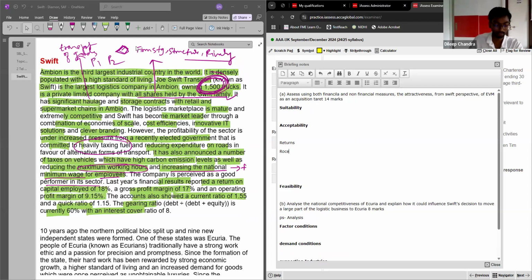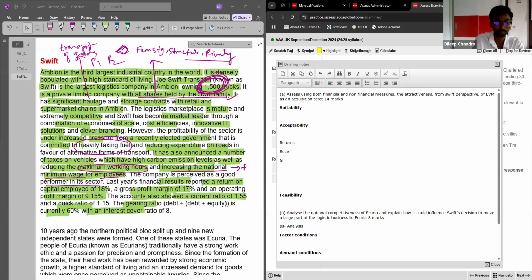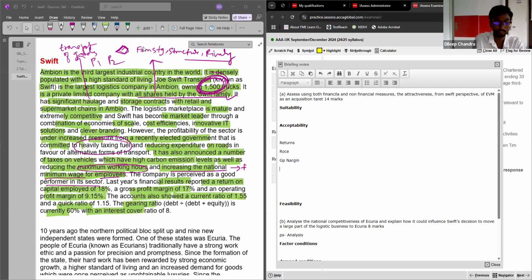So what do we have here? ROCE, and then GP margin, and then net profit margin. Is that net profit margin? Operating profit margin, OP margin. What else?